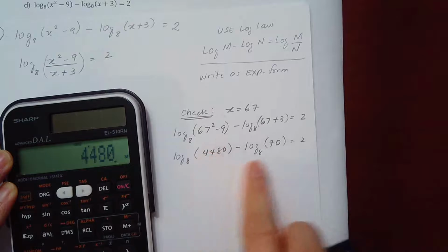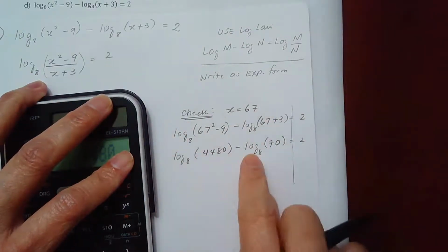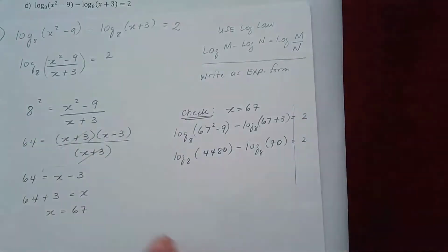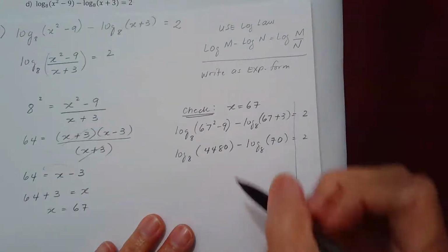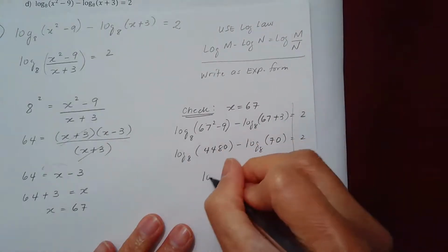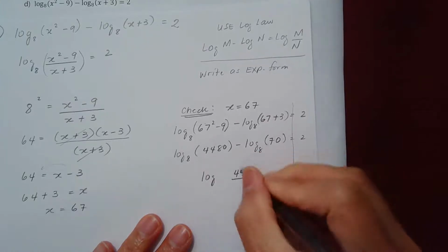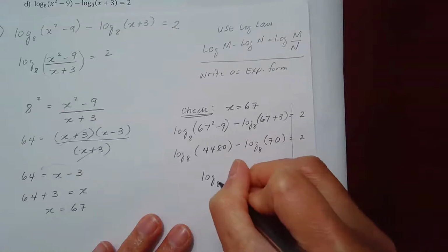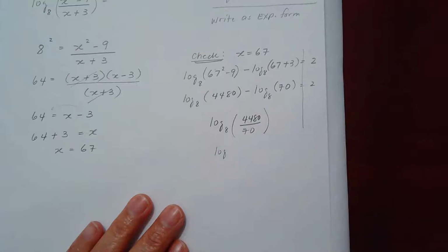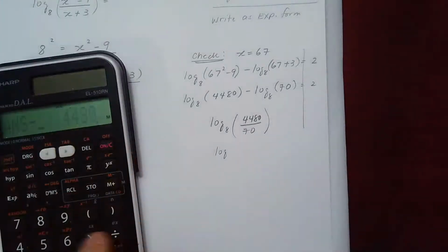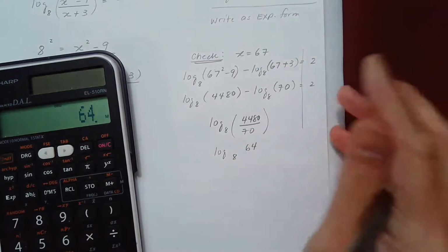So let's just simplify this part in here. We got a left side of the equation, and the right side of the equation is always 2. Because these logarithms are subtracted, we can rewrite that as a single logarithm, log of 4,480 divided by 70 base 8. And then that becomes log of 64 base 8.